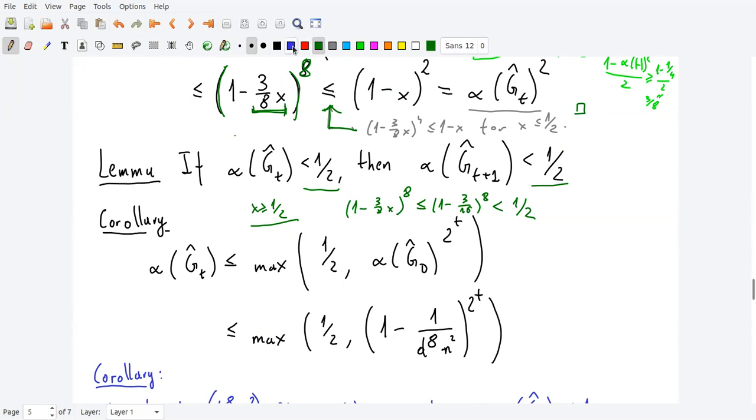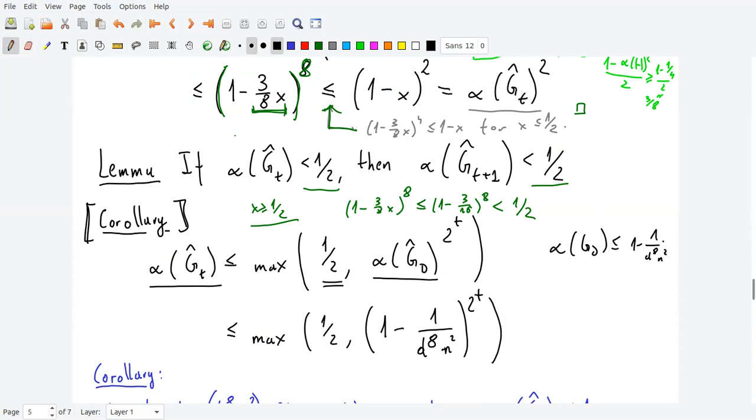Good. So you can phrase this corollary in a concise way: if I look at alpha of GT hat at any moment in the process, then it is upper bounded by the maximum of 1/2 and the initial gap to the power 2 to the t, because t times you square the initial bound. And recall that alpha of G0 is upper bounded by 1 minus 1/d to the power 8, and squared.